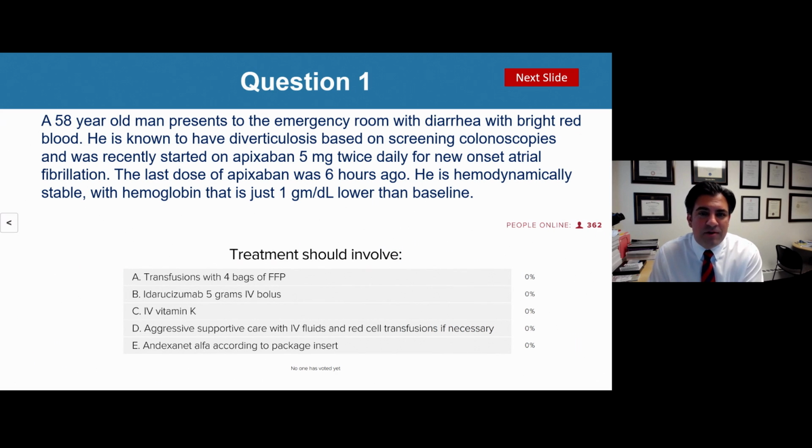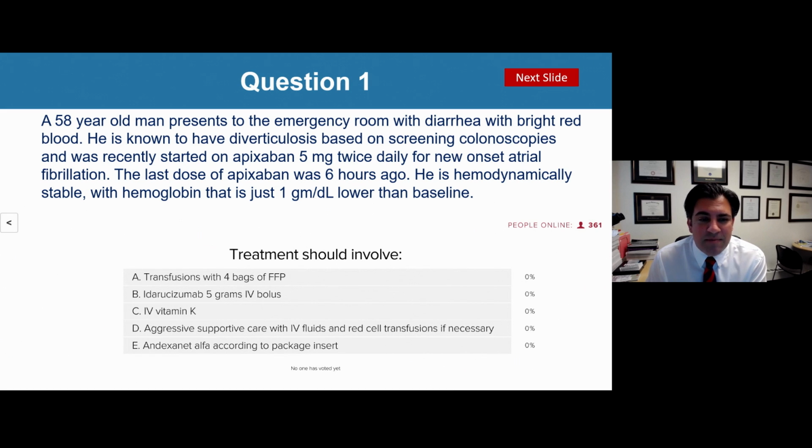And so with this, I'm going to move on to our 2 audience response questions. Question 1. A 58-year-old man presents to the emergency room with diarrhea with bright red blood. He is known to have diverticulosis based on screening colonoscopies and was recently started on apixaban 5 milligrams twice daily for atrial fibrillation. The last dose of apixaban was 6 hours ago.